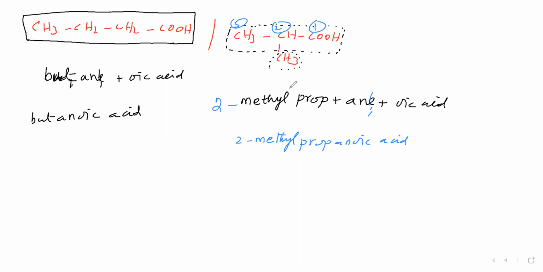Now you see that in these 2 compounds the molecular formula is the same, therefore these 2 are isomers. The structure is different, therefore structural isomers. Here the parent chain contains 4 carbons, and here the parent chain contains 3 carbons. Therefore the parent chain length is different, so these 2 are chain isomers.